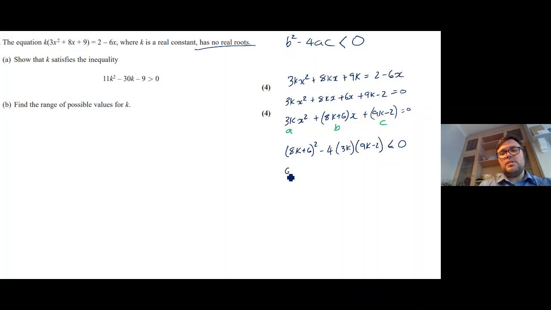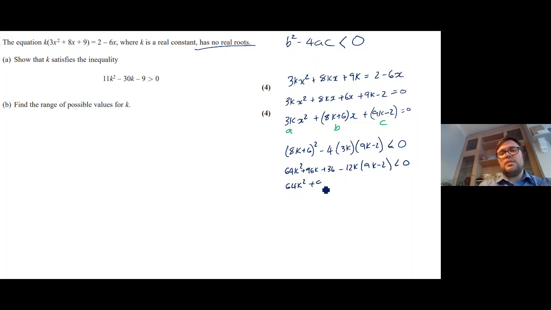Expanding gives us 64k squared, let's square the first, plus 36, square the last, twice the product is double 48, 96k. And then this is minus 12k times (9k minus 2). I'd like to do it in one go.